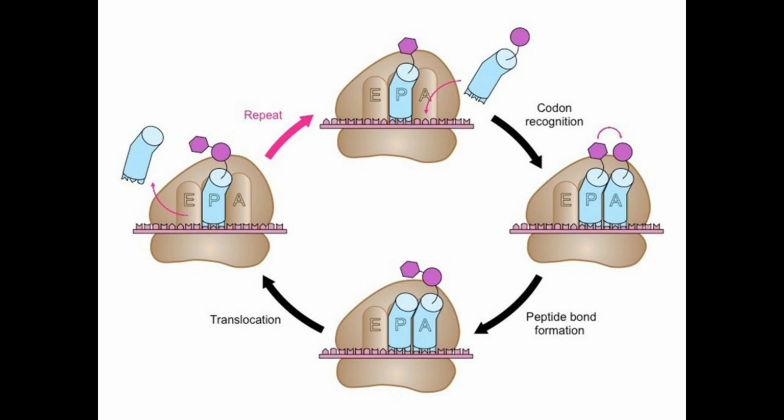That is, it is the binding site for all incoming amino acyl tRNAs which are involved in the protein synthesis process. Now, second is the P site. It is in the P site that all incoming amino acids are added one by one to form a polymer.